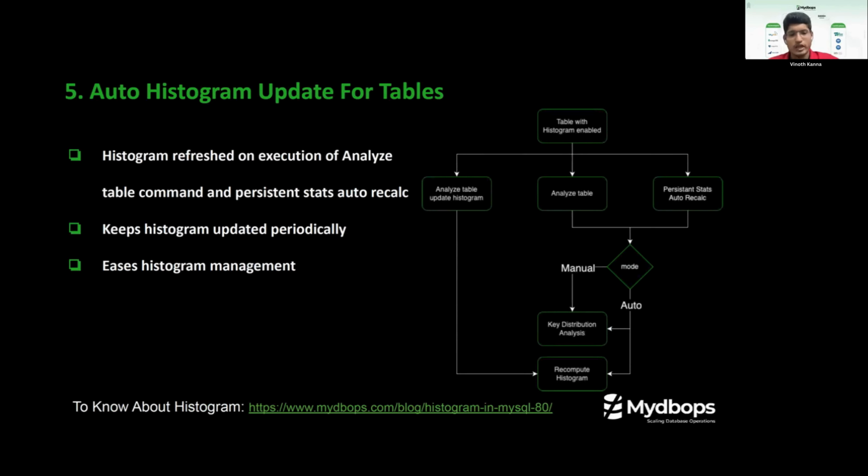MySQL has both in-memory and persistent statistics. So it checks the statistics based on certain sampling of pages of all the columns in the table. A histogram is a way to provide statistics of the underlying column data in a bucketized format rather than random sampling.